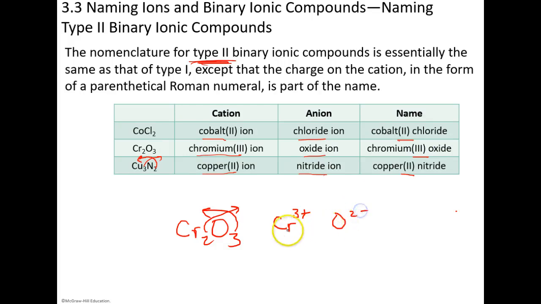Oxygen's a 2 minus. So the chromium that I'm using is a chromium 3 plus, and the name of it is chromium 3 oxide. I'm not sure why I wrote it because the answer is already up here. So you need to do the reverse crisscross to figure out what charge you have on that ion.